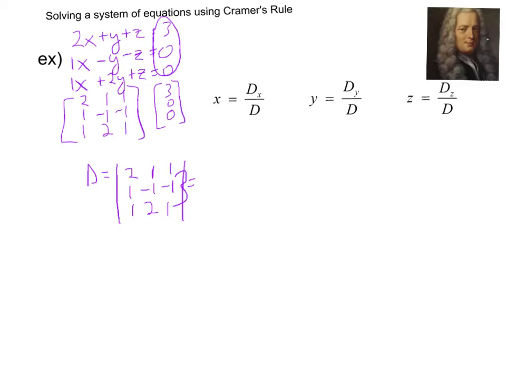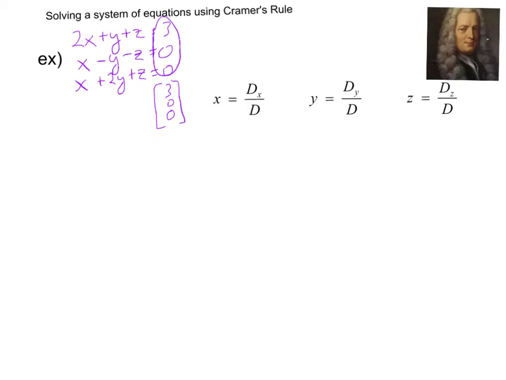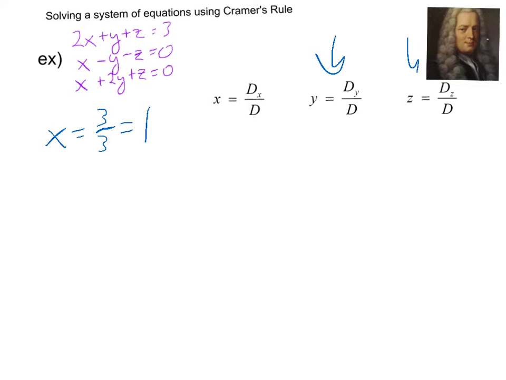Just bear with me 1 second, I'm trying to make this easier on the eye. Okay, this should all be in your notes now, so. And if you didn't get it, rewind the video. Okay, so where are we at? Well, we did figure out that x equaled 3 over 3, and that's 1. Okay, now we need to find y and z.